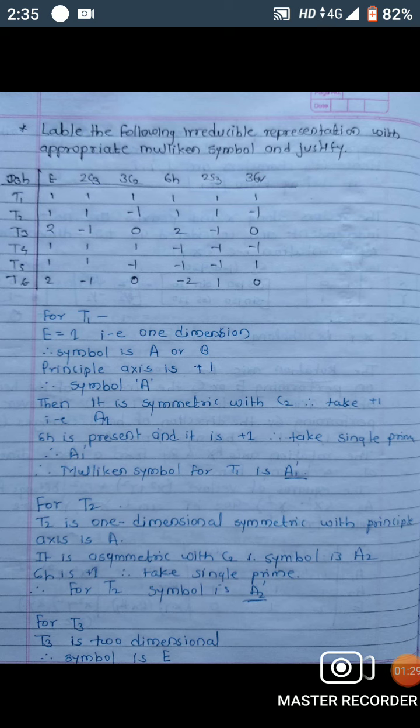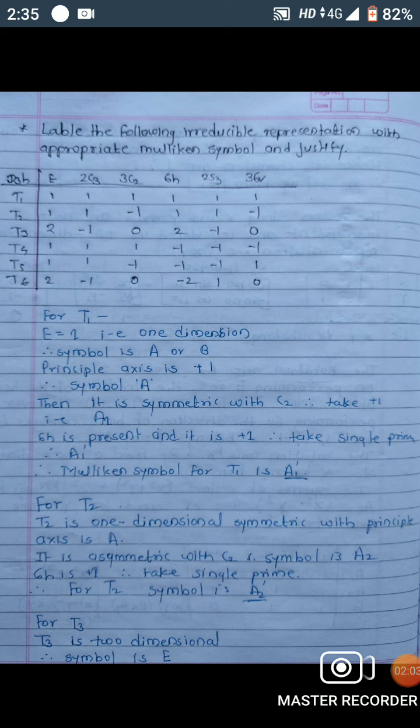Now we discuss how to give the Mulliken symbol for the second irreducible representation. The second irreducible representation is also one dimensional, therefore we take A or B. It is symmetrical to the principal axis and therefore we take A. It is asymmetrical with the C2 and therefore at the subscript we write 2, and symmetrical to the horizontal plane and therefore we take the single prime.